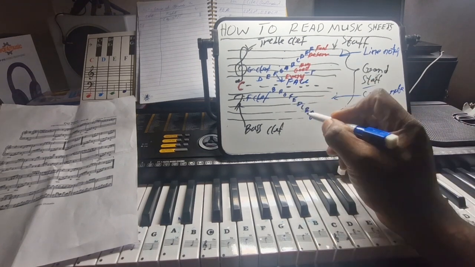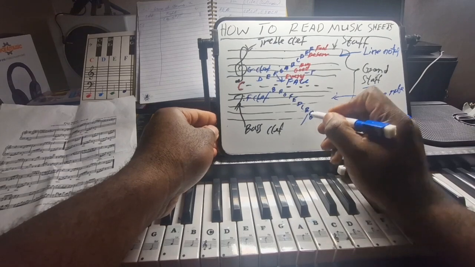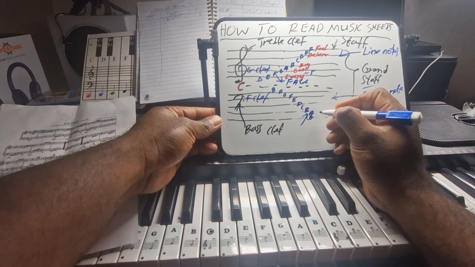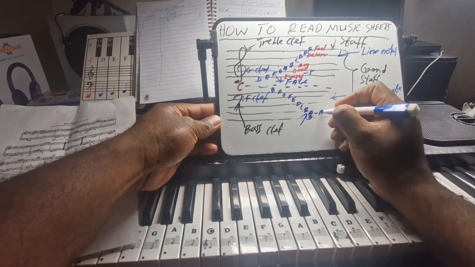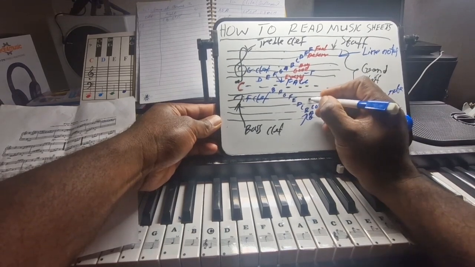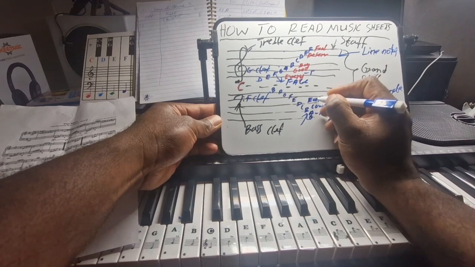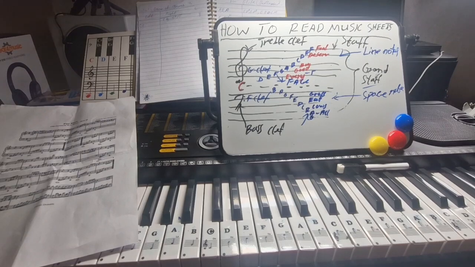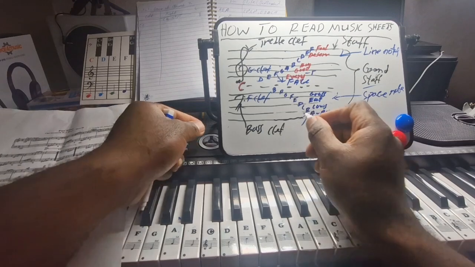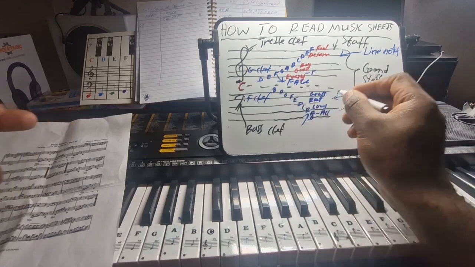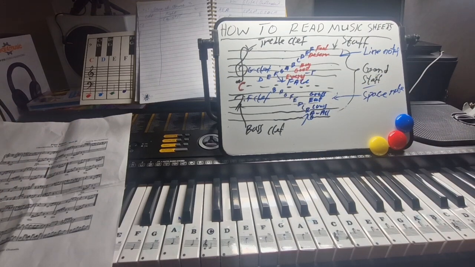Now, the easiest way to remember the space notes here, you can say: all cows eat grass, right? All cows eat grass. All right. Those are the space notes.